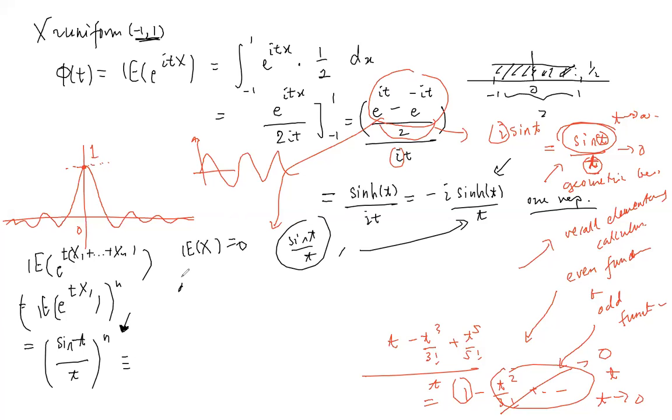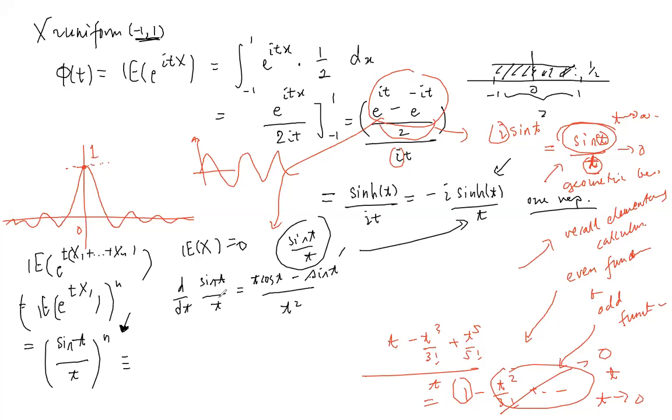So you differentiate d/dt of sine t over t. So you will get t cos t minus sine t times 1, over t squared.